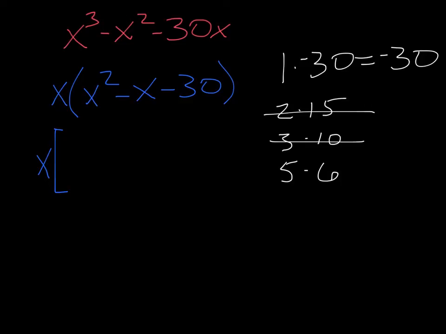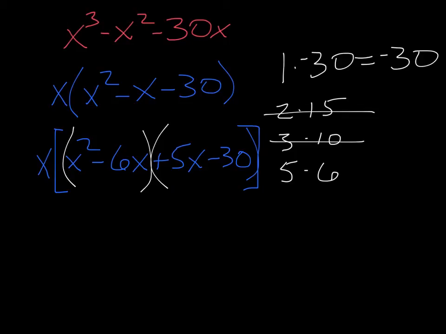And we're going to rewrite this trinomial as x squared minus 6x plus 5x minus 30. Okay, so now we're just going to group the first two together and the second two and see what we can take out. Again, don't forget about the x that we factored out originally. We can take just an x out of this first group, so it's going to be x times x minus 6.